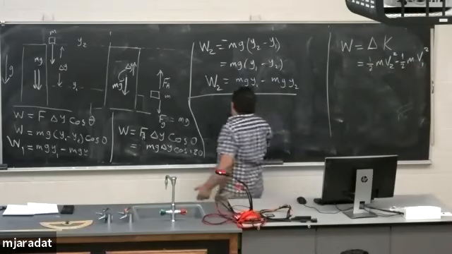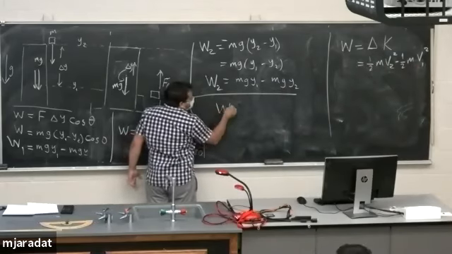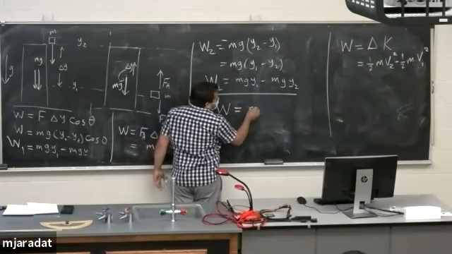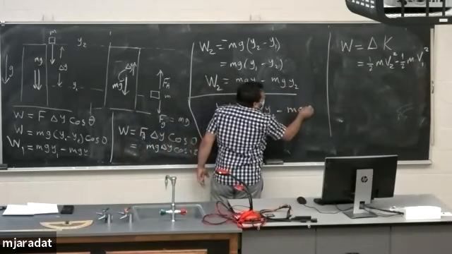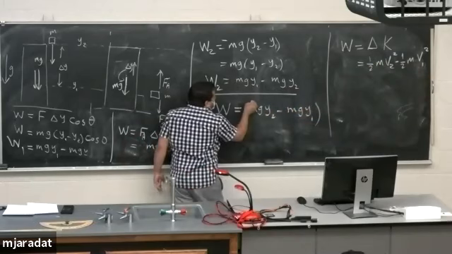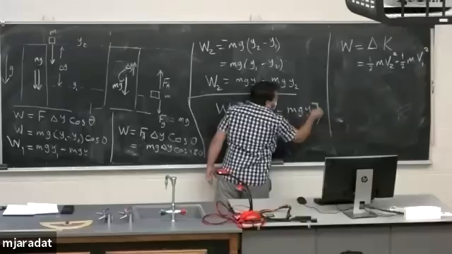What we need to do now, if we look at this, W is equal to mg y2 minus mg y1. We need to put a minus sign for them.